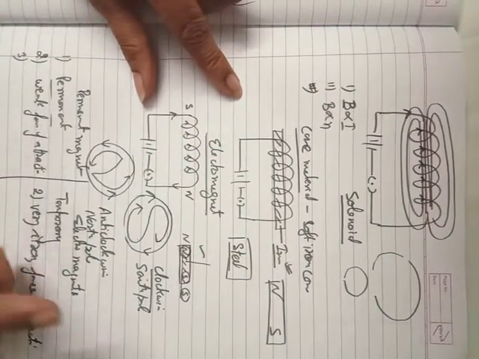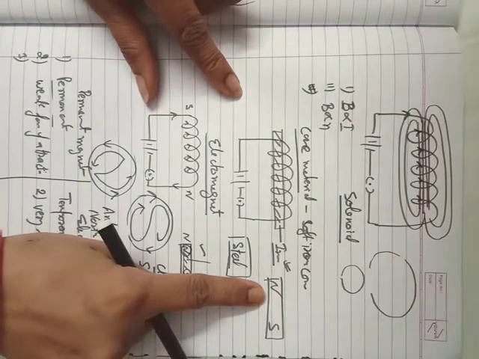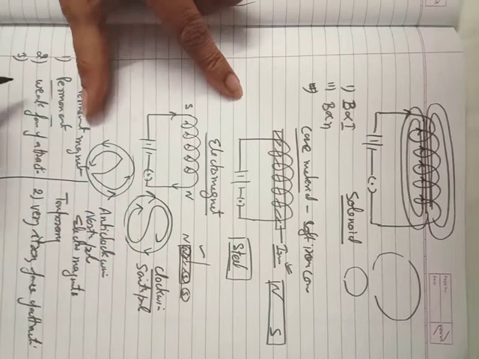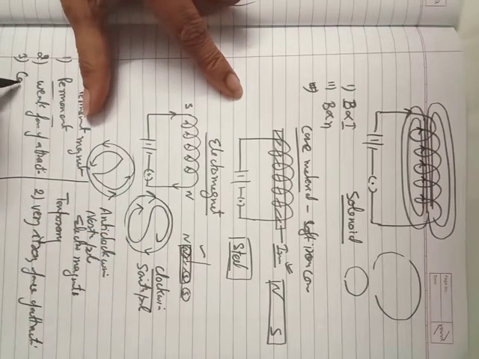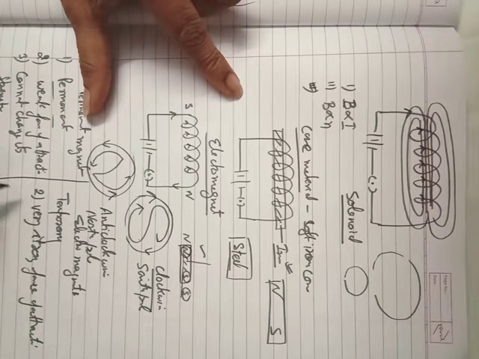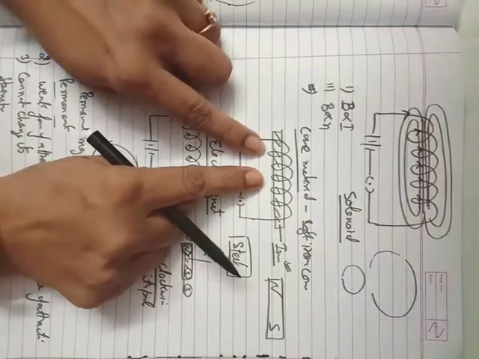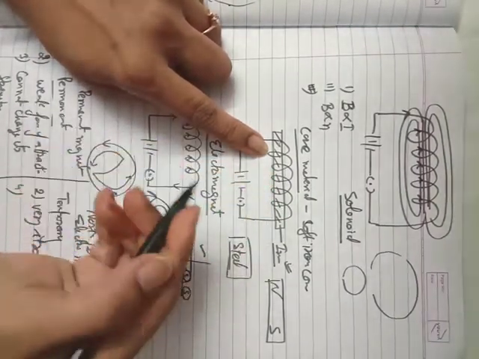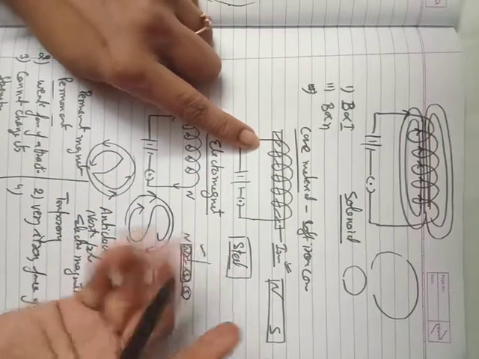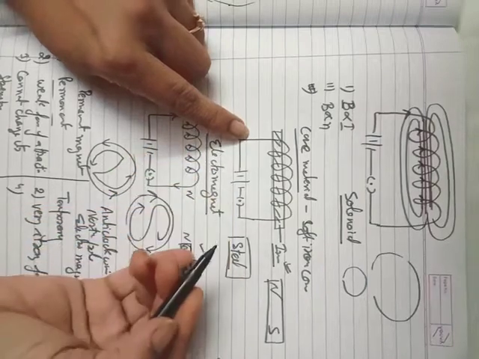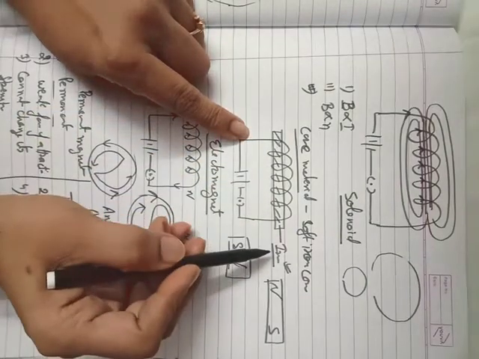its strength, we can't change the strength of this magnet. It has its own strength. It can be weak, it can be strong, but it has its own strength. We cannot change it. But what about the electromagnet? We can increase the strength of the magnetic field by increasing the number of turns, by increasing the current through it, and by using a core material like the iron core.